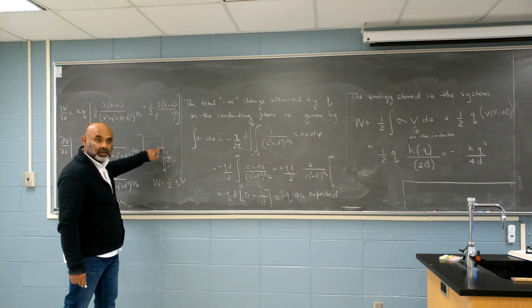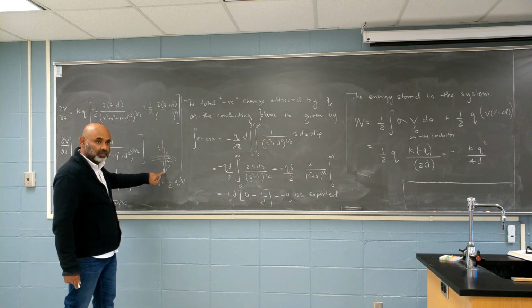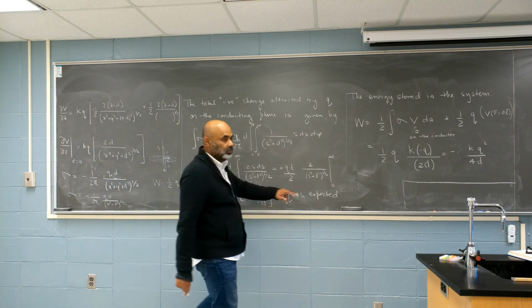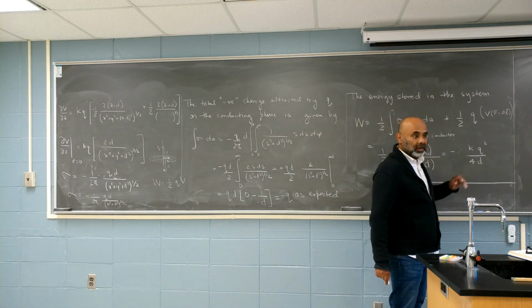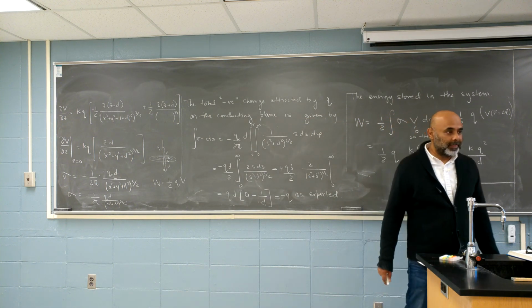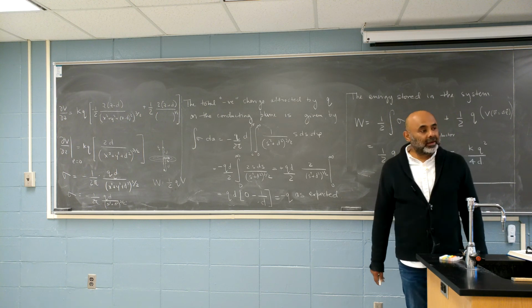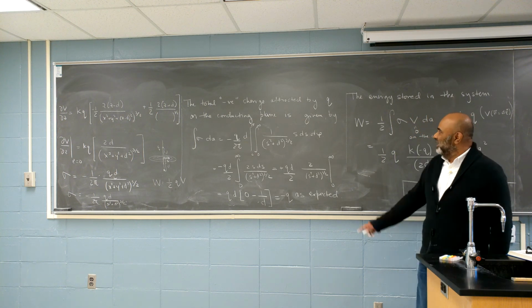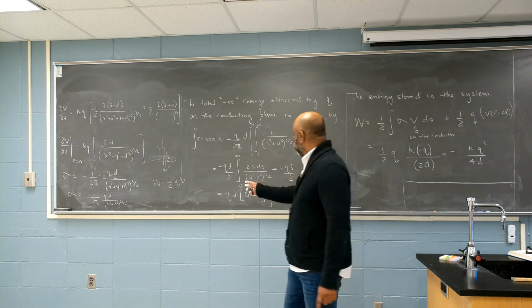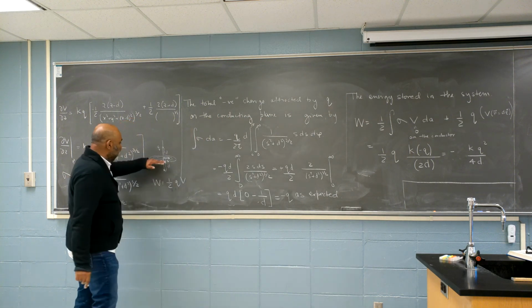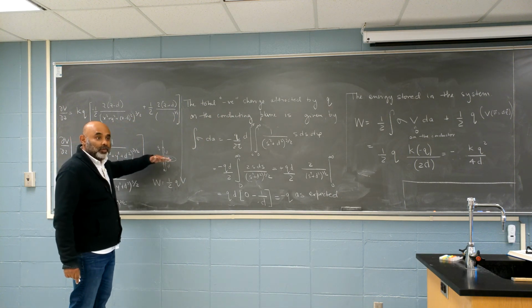Does a charge see the potential due to itself? No, it'll be infinite. 1 over R is infinity. It sees the potential due to this guy. I thought that charge area doesn't exist. No, you're very right.